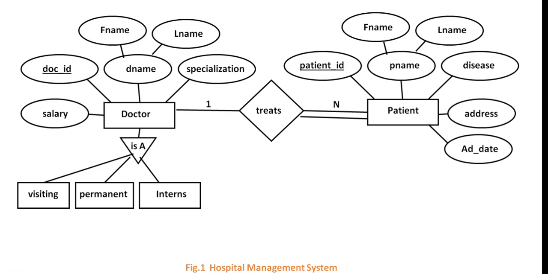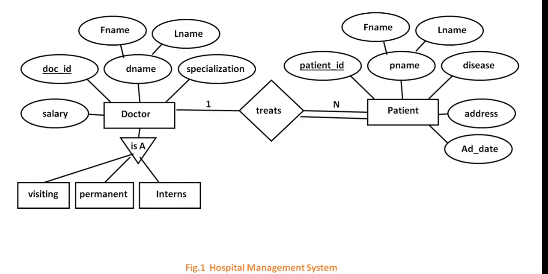Doctor has partial participation in the relationship, that's why a single connecting link is there. On the patient side, if you carefully see, two connecting links are there because the patient entity has total participation.